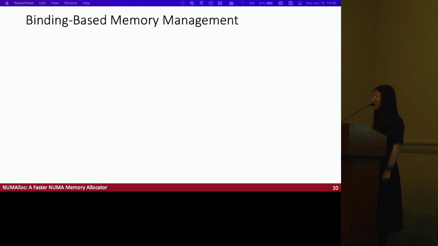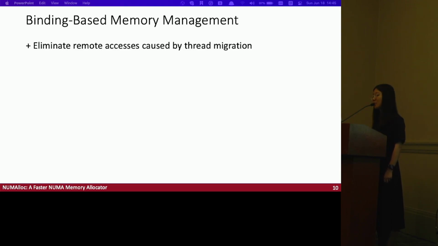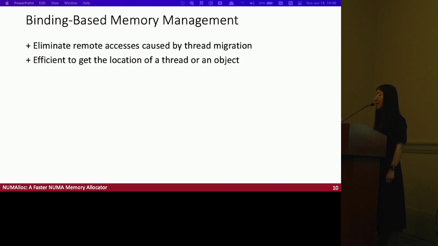Our binding-based memory management provides the following benefits. First, thread binding can eliminate the remote accesses caused by thread migration. Second, it enables us to obtain the origin of a thread without using expensive system calls, as threads are always staying at one node.